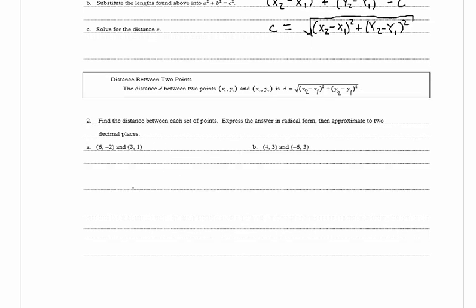And in 2, they want us to find the distance between each set of points, express the answer in radical form, and then approximate to 2 decimal places. So here in A, we have the point (6, negative 2) and (3, 1). So we're going to have x1, y1, and x2, y2.